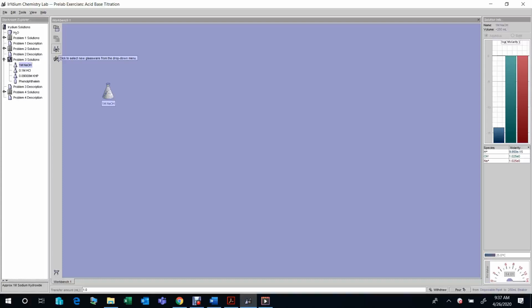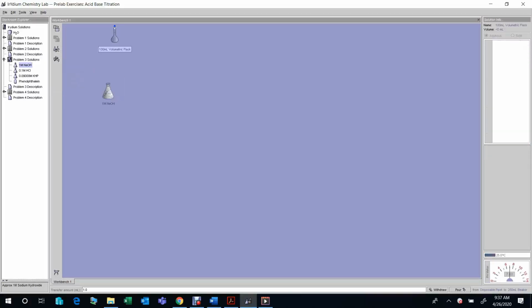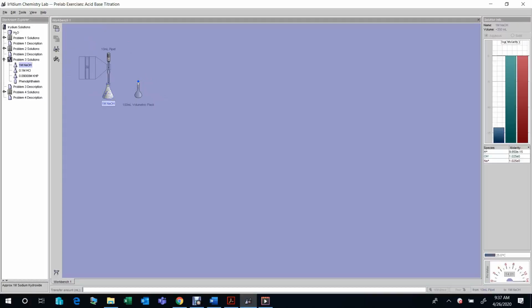To do that, we need to get a volumetric flask that we usually use for dilution. Then we can use the 10 milliliter pipette. We can pipette 10.00 milliliter, because pipette is a very accurate instrument.